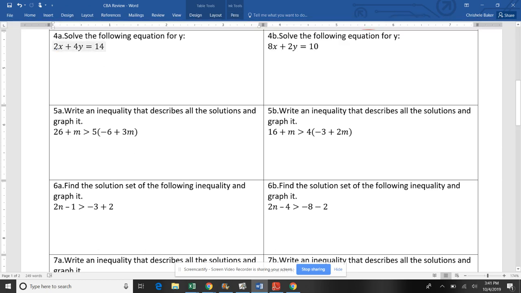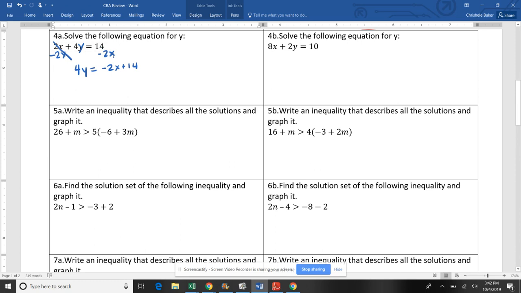Same type of thing over here, but the x and the y are on the same side of the equal sign. So when we isolate y, we actually have to get rid of this 2x, which is positive. So I'll have to subtract 2x from both sides. Now, what's different about this example is that these are not like terms. 14 and negative 2x cannot technically be combined together because they're not like terms. 14 doesn't have an x and the negative 2 does.